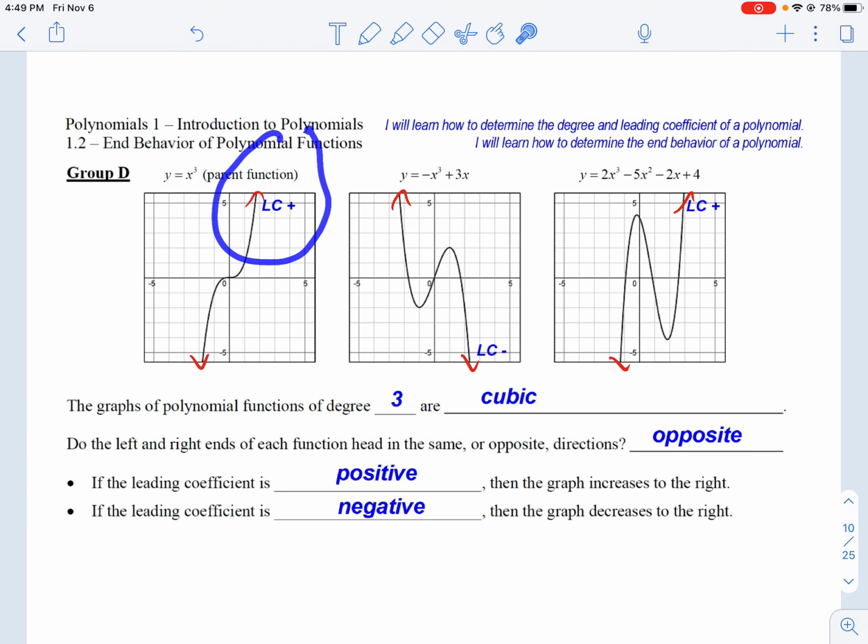The leading coefficients here are positive 2, negative 1, positive 1. So if the leading coefficient is positive, it increases to the right. But if the leading coefficient is negative, on the right side, it decreases.